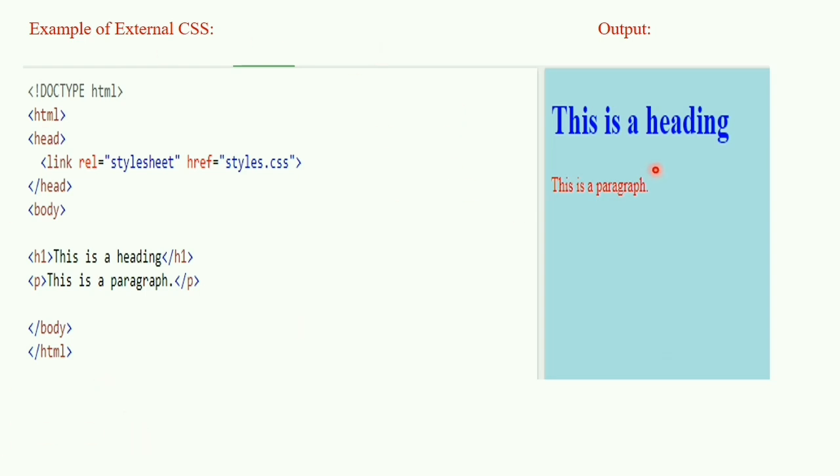So you will get the output in this way. Here you can see the background color as powder blue. First line, this is a heading in color blue, and second line, this is a paragraph in red.